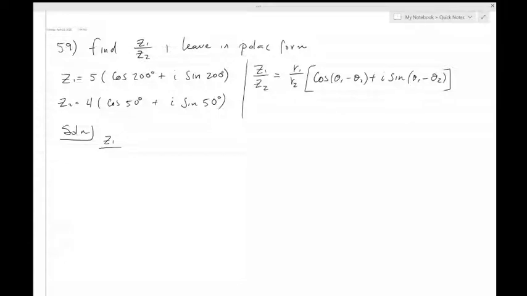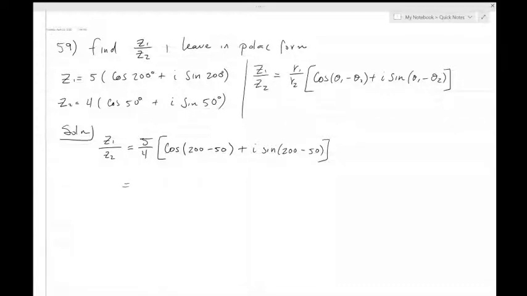z1 divided by z2 will be given by 5 over 4 times cosine of 200 minus 50 plus I sine of 200 minus 50, and all of that is inside of the parentheses.